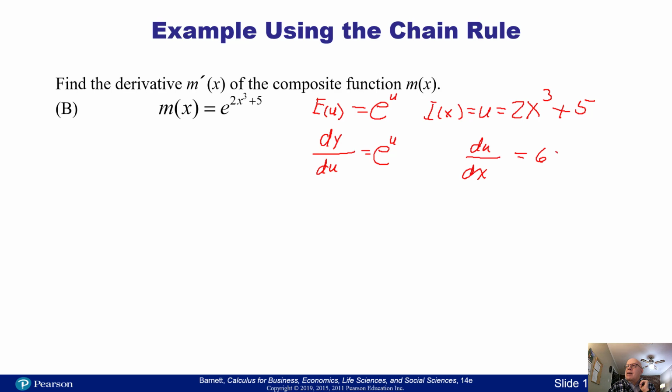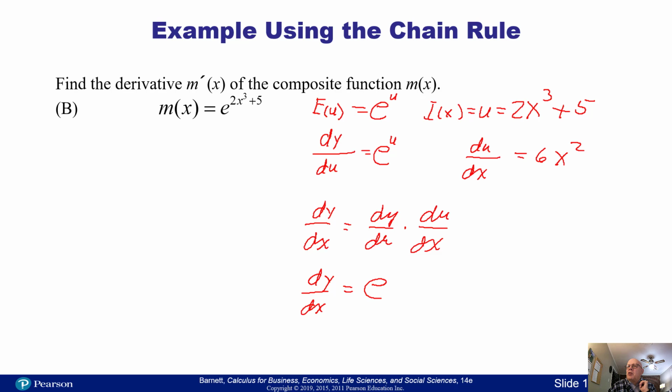It's 6x squared. So what's dy dx? It's dy du times du dx. Fill in the blanks. dy dx equals, here's dy du, which is e to the u, and du dx is 6x squared.